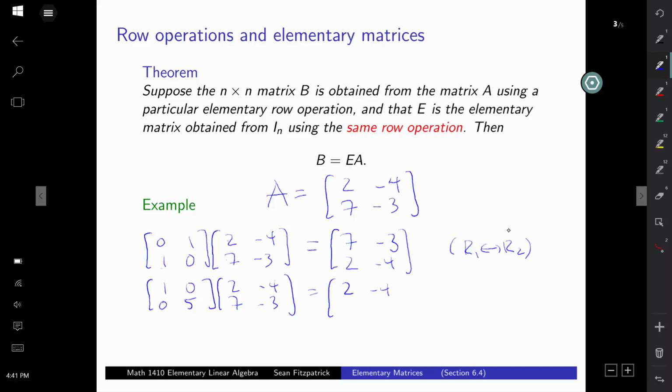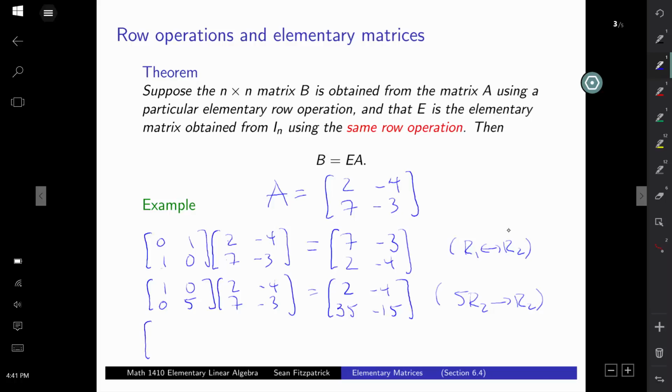Second row, first column: 0 times 2, 0, plus 5 times 7 gives me 35. And then 0 times minus 4 plus 5 times minus 3, minus 15. And that's exactly what would happen if I took my matrix A and multiplied row 2 by 5.